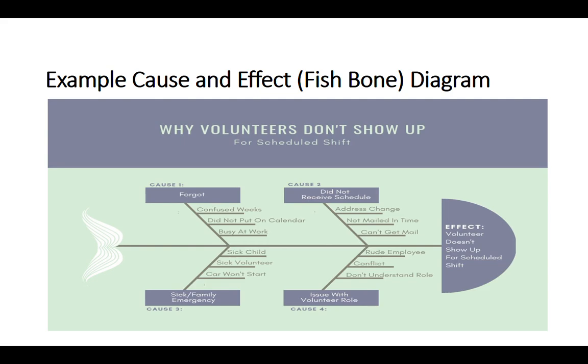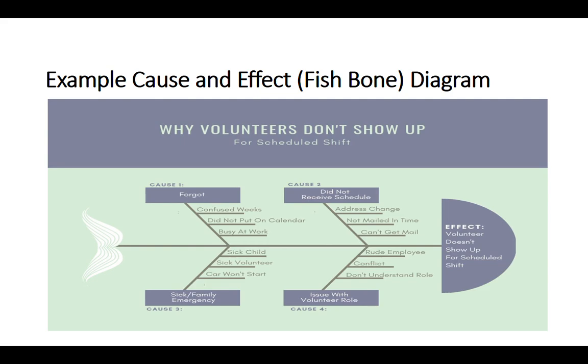So you trace back the causes so that you create solutions to these causes, so that they no longer affect the performance of a worker in the organization. So here the causes, you see the volunteer is forgetful.